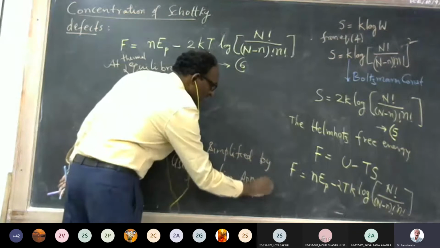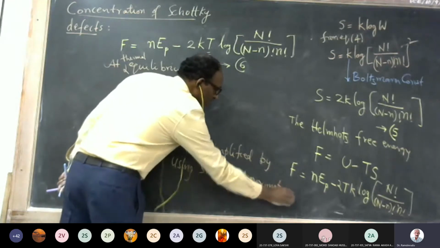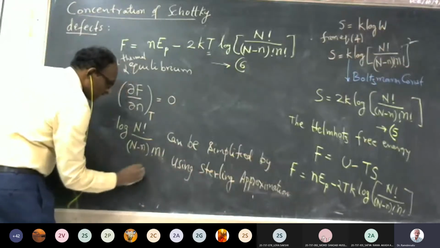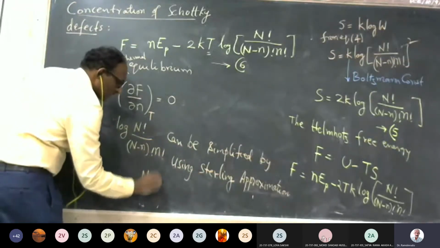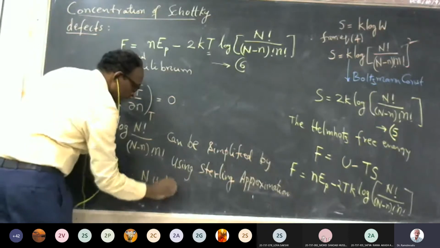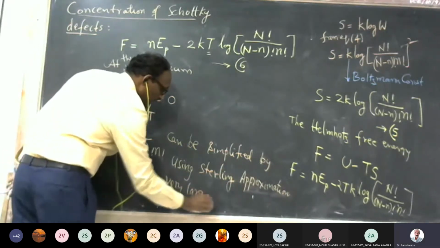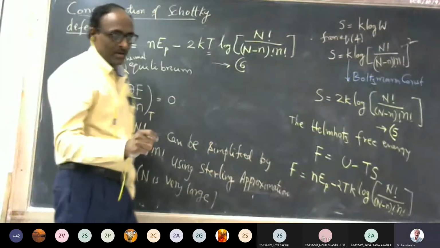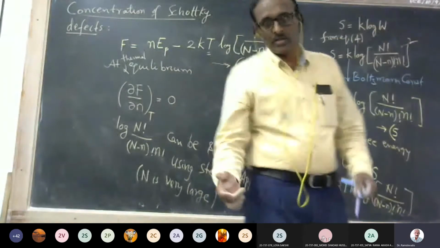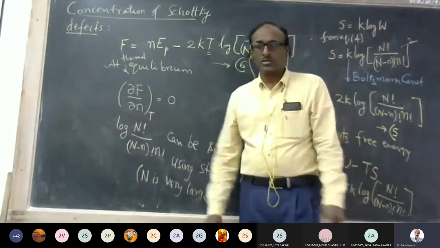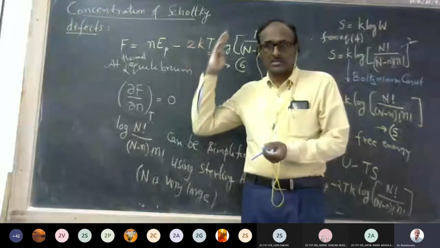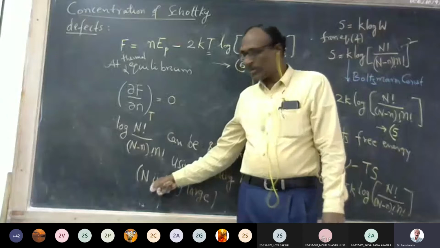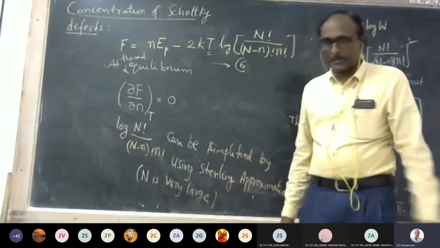It's an approximation, but mathematically you can also prove it. The approximation works only when n is very large. Because you know that n, the number of cations, anions, or atoms in a solid, is very, very large, of the order of 10 to the power 26 for a gram mole. So for large values of n only, you can use the Stirling approximation.